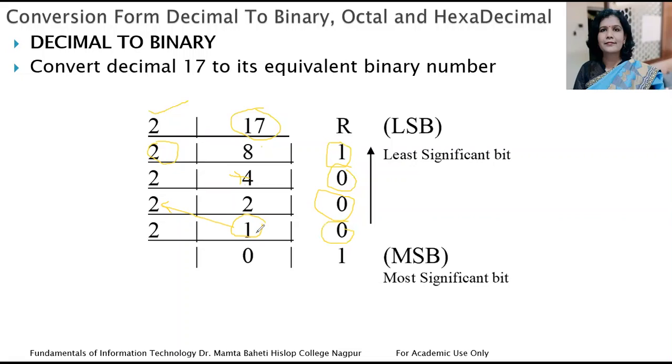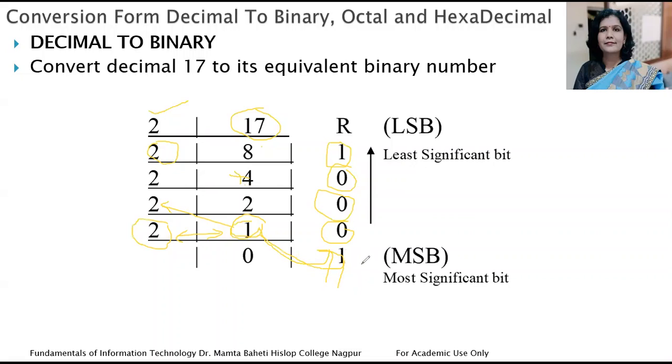Now this 1 is less than 2, so just carry forward this 1 as it is. Remember that. Until when do you keep dividing? When the number is smaller than 2, the number by which you divide, you stop the division and carry that number forward as it is.